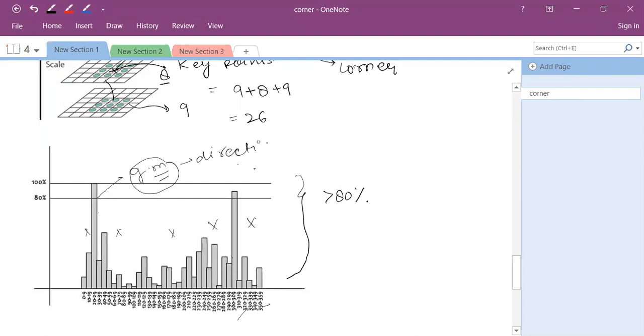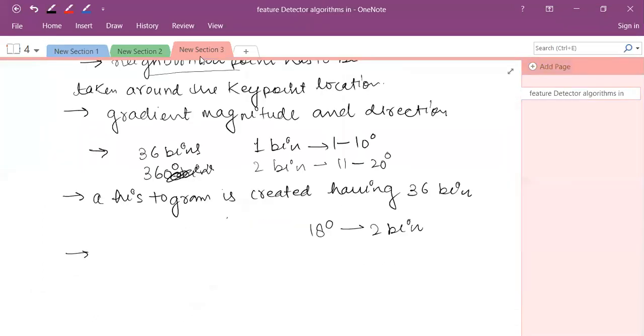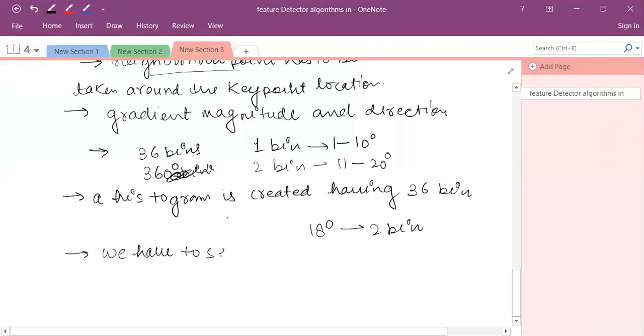So I can better visualize a particular object in terms of augmented reality. So we have to select greater than 80% peak value for the orientation.